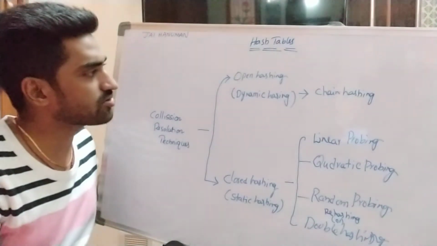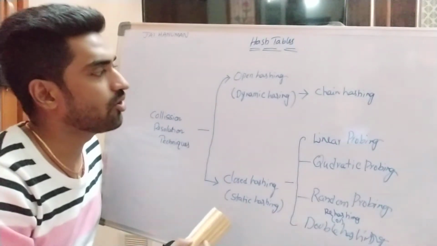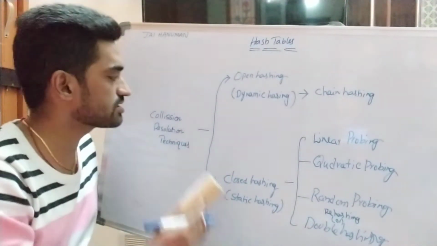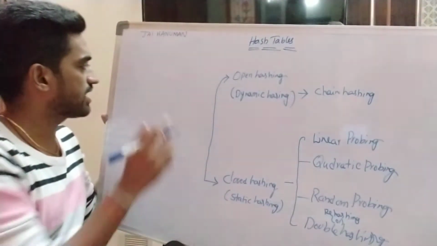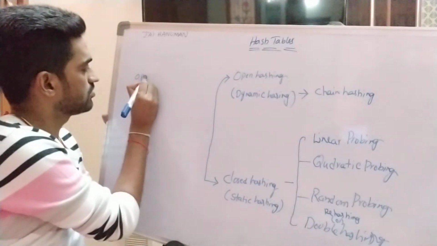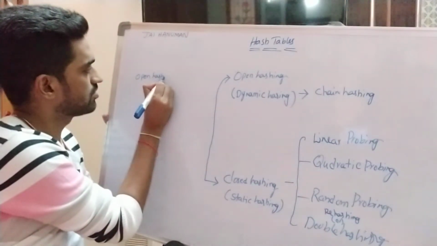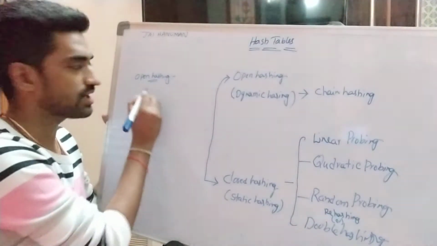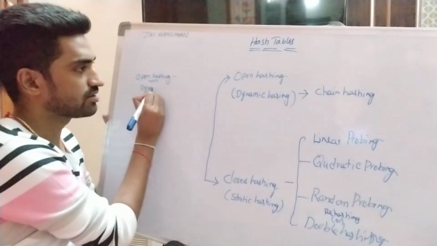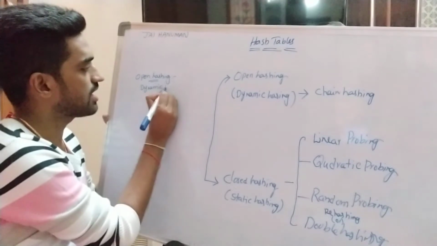So what is the first collision resolution technique? Open hashing, which is also called dynamic hashing.